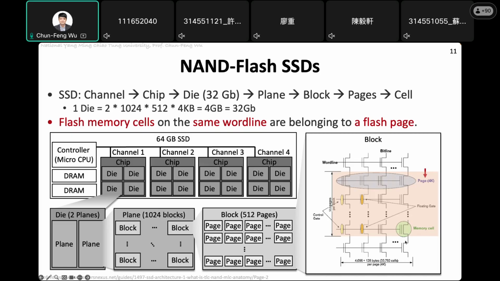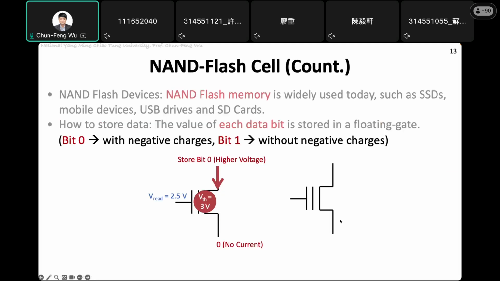I mean, the current will just stop here. Okay, and we'll explain the reason later. On the other hand, if there are nearly no electrons inside the floating gate, then using the same voltage value, say 2.5 volts, you will get current passing through this NAND flash cell.